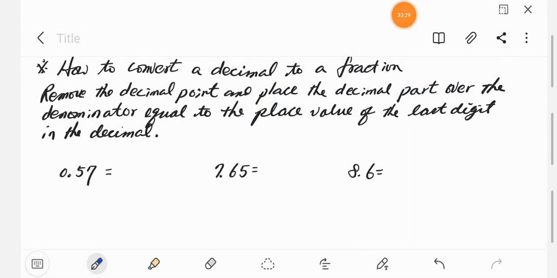Okay, for this example, let's convert a decimal to a fraction. This is how you can do it. Since we are converting a decimal to a fraction, we don't need a decimal point, right? So just remove the decimal point, and then write a fraction. The last digit is the 100th digit, isn't it?